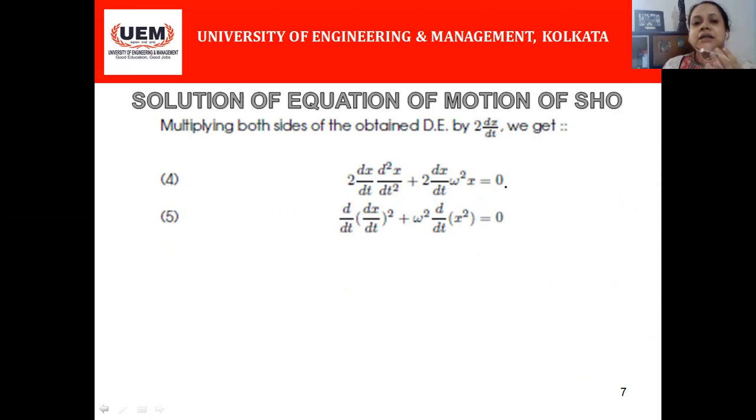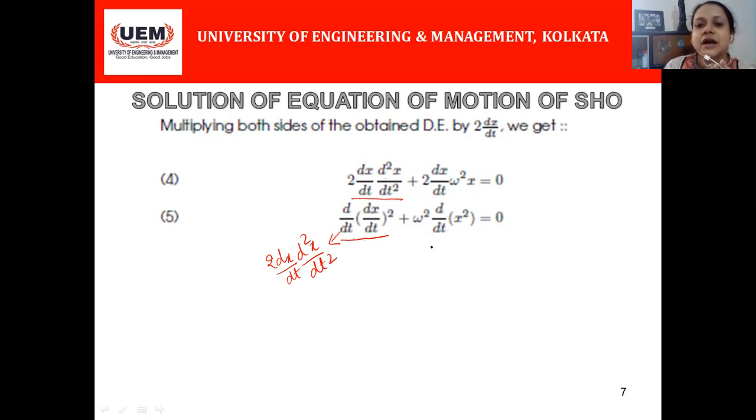Now, if you look into this equation 4 carefully, you can see that the first term of this differential equation can be replaced by the first term of equation 5. Why? Because ddt of dx dt whole square, if you take the differential, you will get 2 dx dt into d2x dt2, which is why this first term of equation 4 can be written as the first term of equation 5.